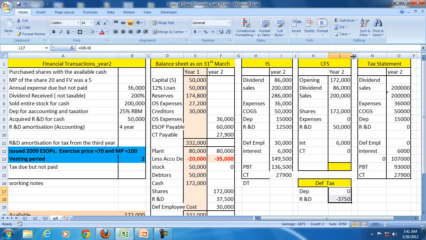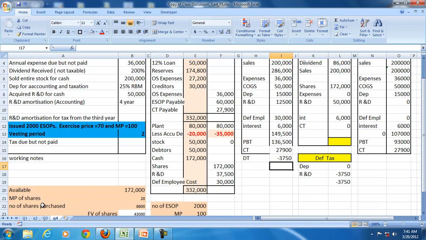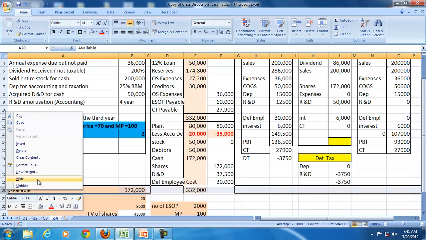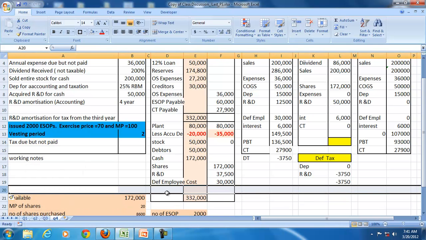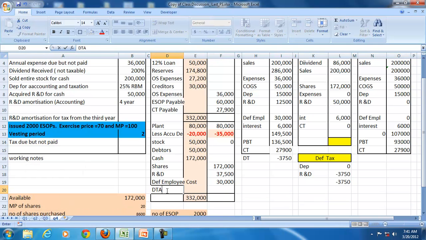You can see there is a deferred tax negative, and deferred tax negative means on the balance sheet a corresponding asset to be created. So deferred tax asset, DTA, and the deferred tax is 3,750, a deferred tax asset on the balance sheet.